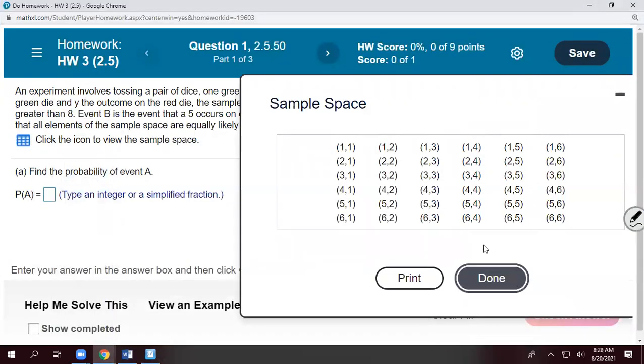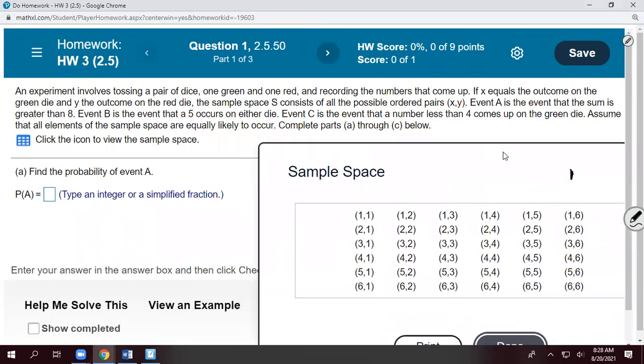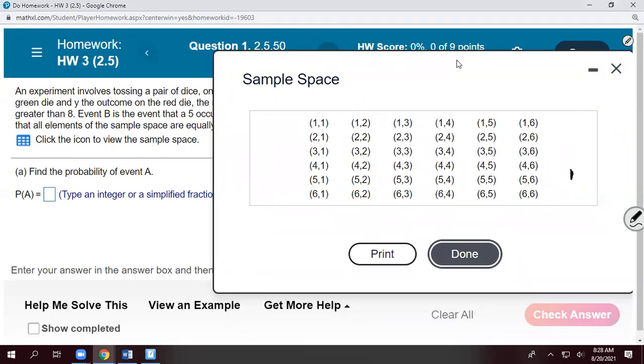Okay, so I see that the first time I encounter a sum greater than 8 is on this point. The sum here is 9. We want greater than 8.